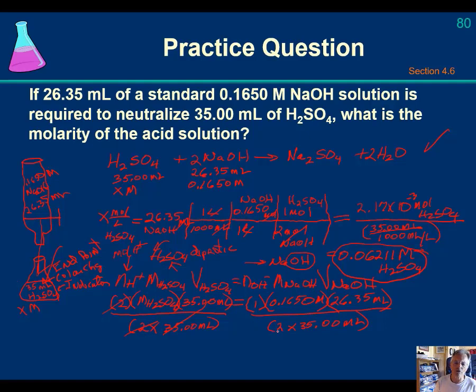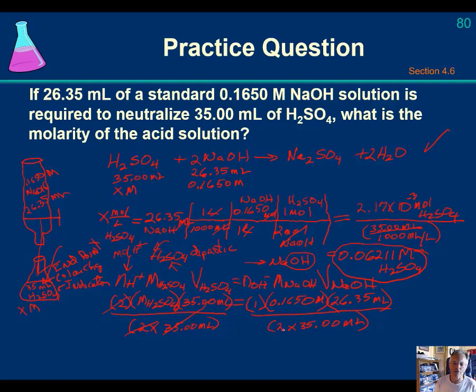The 2 from the mole to mole ratio is in the denominator here. The 2 from the fact that this is a diprotic acid. That's why the mole to mole ratio is what it is, because this is a diprotic acid and this is a monohydroxide base.